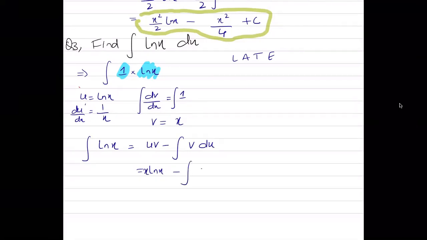Integration of x times du by dx, which is 1 upon x times dx, that is dx upon x. This can be cancelled out. You are going to get x ln x minus integration of 1 dx. And what is the integration of 1? x. x plus c. Hence, this is the final answer.